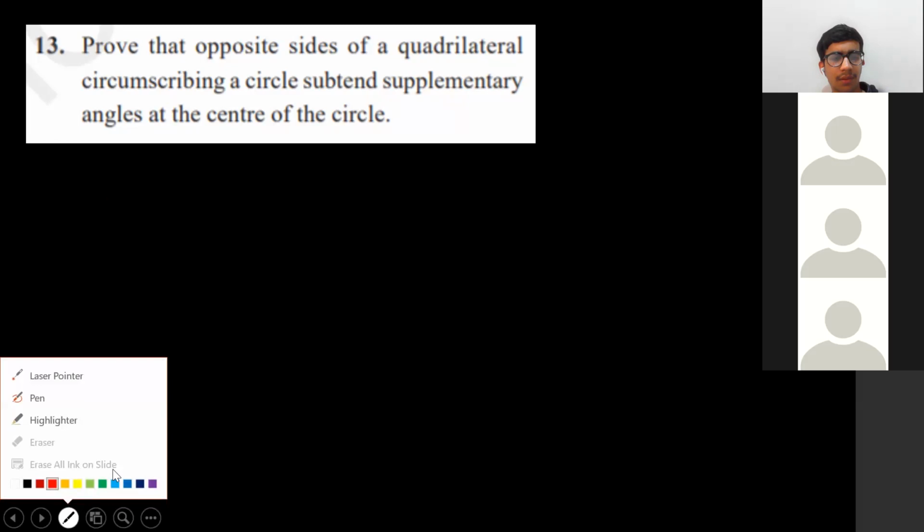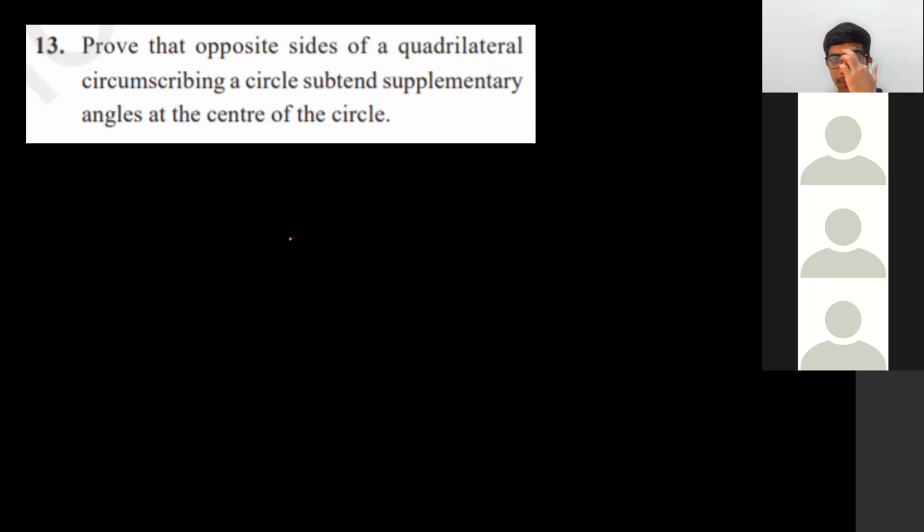Okay, see this question. We have to prove that opposite sides of a quadrilateral circumscribing a circle subtend supplementary angles at the center.